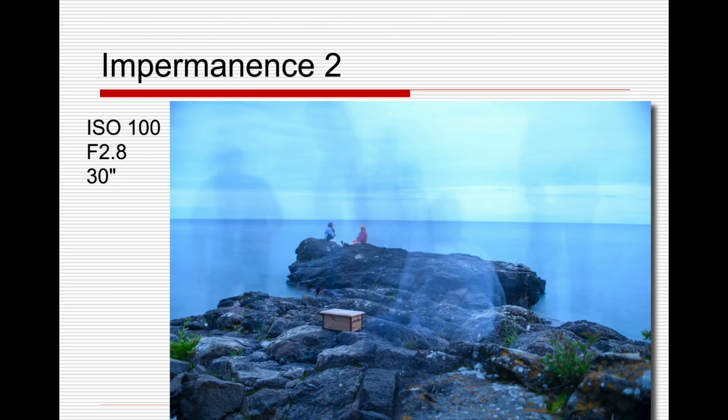With this picture, we were saying goodbye to a loved one here in this box. These figures that are ghosting through the image are children of this person, and these figures are grandchildren of this person.